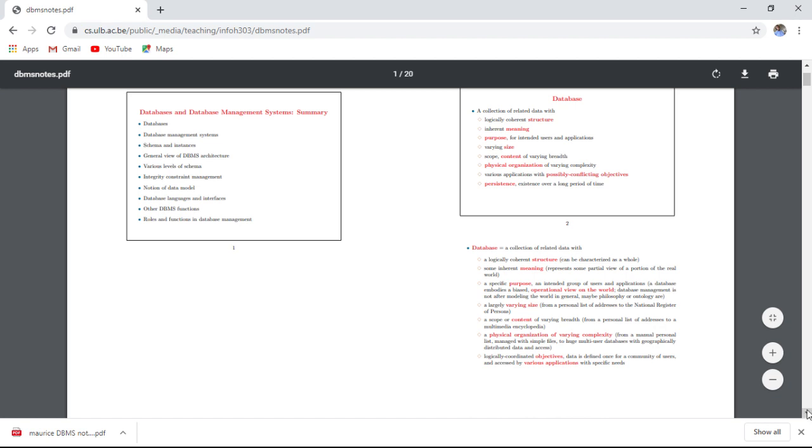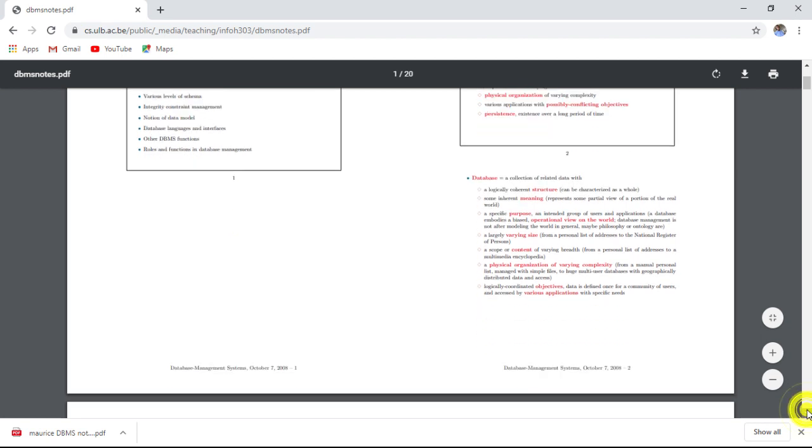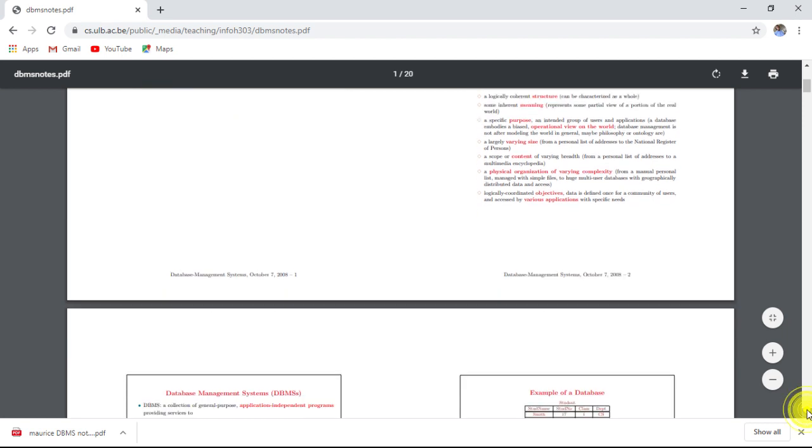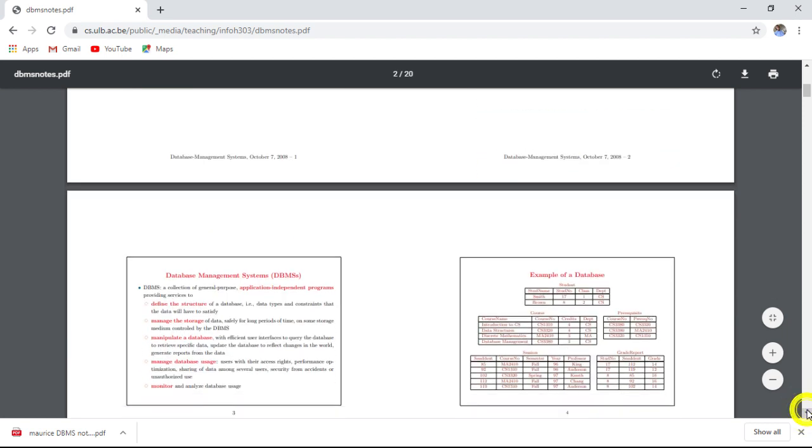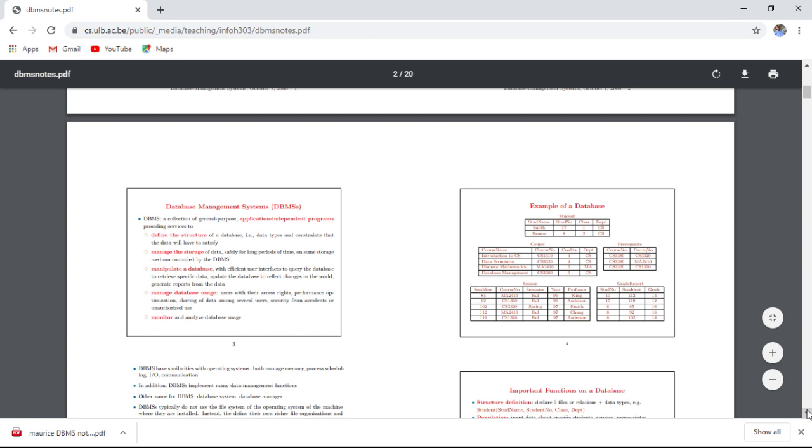All right, so let's move on to database management systems. We have defined what a database is: a collection of data in a coherent and structured way. It has a meaning, purpose, objectives and scope.